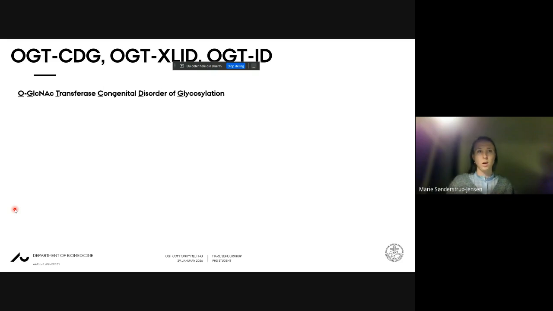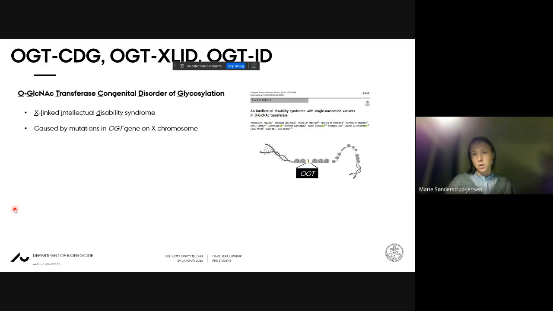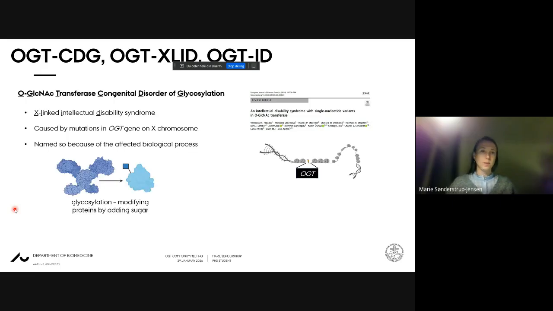I'm gonna say OGT-CDG in this talk, and it stands for OGT congenital disorder of glycosylation. It is an X-linked intellectual disability syndrome. It's caused by mutations in the OGT gene on the X chromosome, and it is named like this because of the affected biological processes.